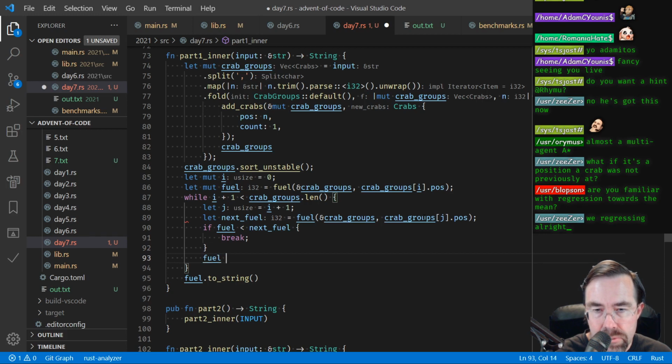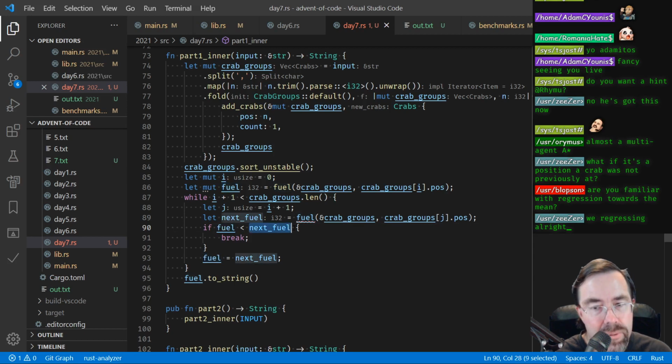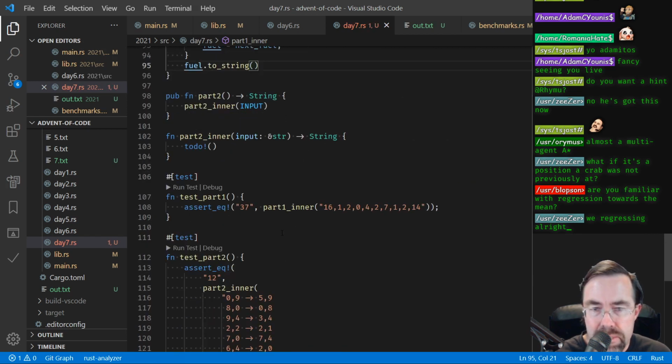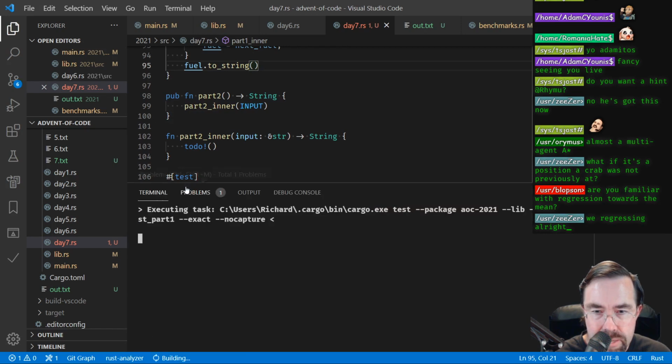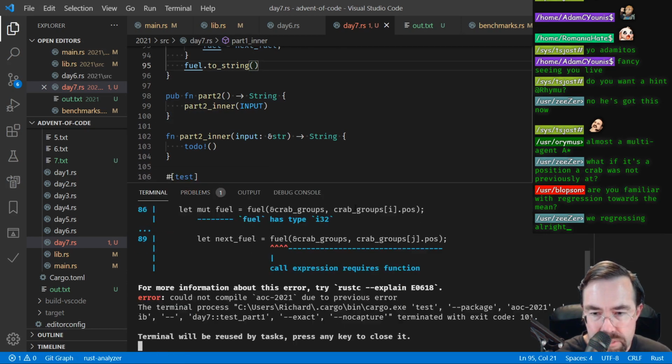Otherwise, fuel equals next fuel. And continue. Because we expect the fuel to go down every step, right? So if the fuel we already were going to consume is less than what we're going to consume, then we need to stop at that last step, right? If we get to the end, then it'll be that very last group. So I hope this gives me the same answer, but maybe actually works better. Let's see. Oh, I have a bug.